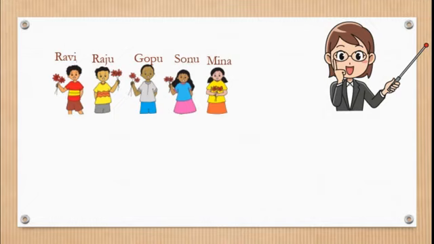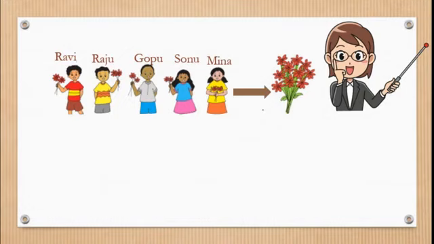They all together, we will see how many flowers they brought. Now, Gopu is going to collect all the flowers and he is going to make a bouquet to give to the teacher. Yes, we will see how many flowers are there in that bouquet.